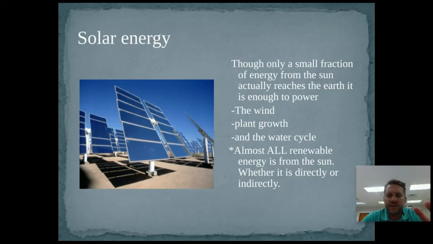Solar energy also drives the wind. It drives plant growth through photosynthesis. It drives the water cycle with evaporation, condensation, and precipitation. All of those are renewable energy sources from the sun. So a lot of the sources we're going to talk about today, like solar directly, or like wind, water, and geothermal indirectly, are related to the sun.